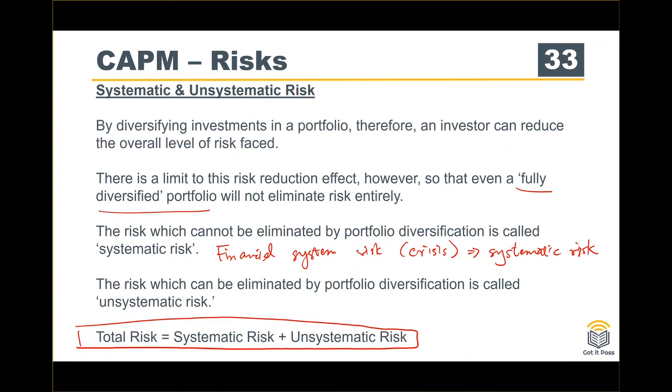So if a crisis hits a company and the share price drops 50% or 60%, it has no impact on your overall portfolio because it only affects one company. The risk can be diversified away. So it's unsystematic risk, maybe company specific or industry specific, because you can diversify the risk with a fully diversified portfolio.